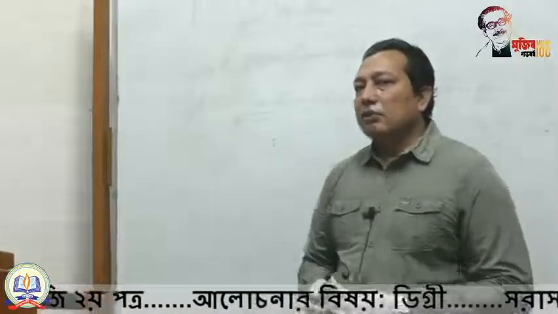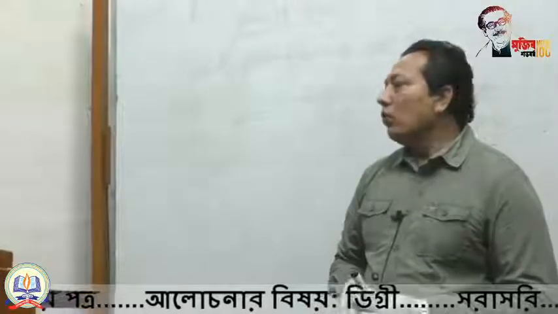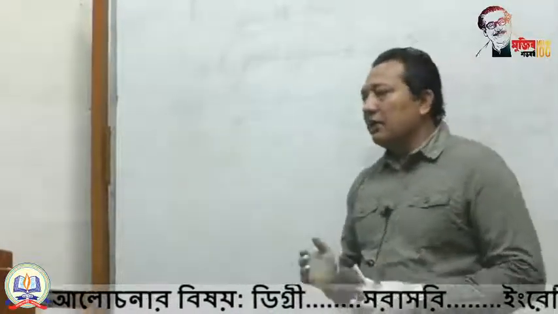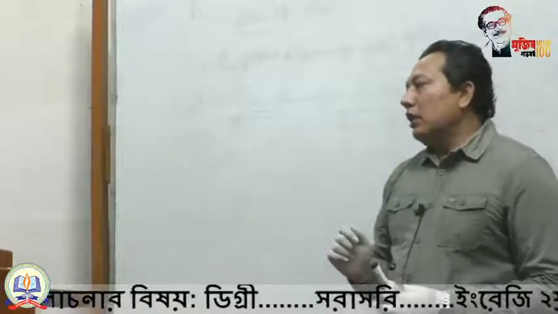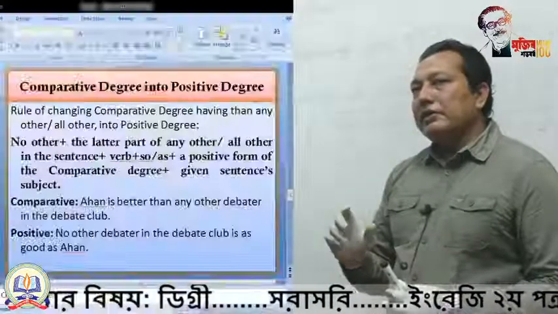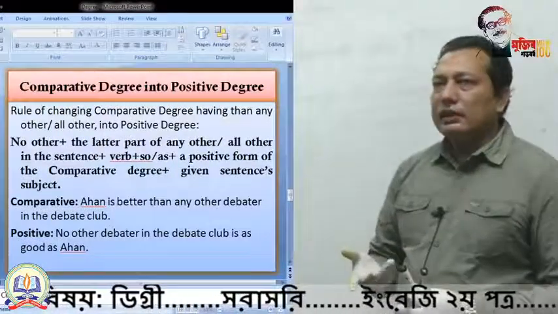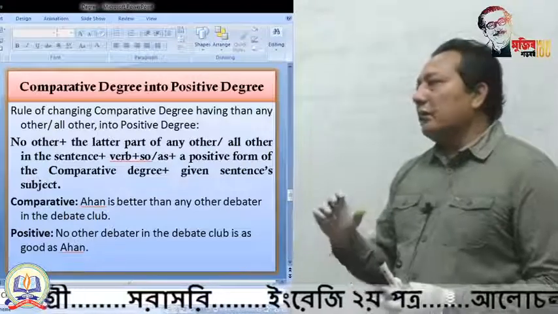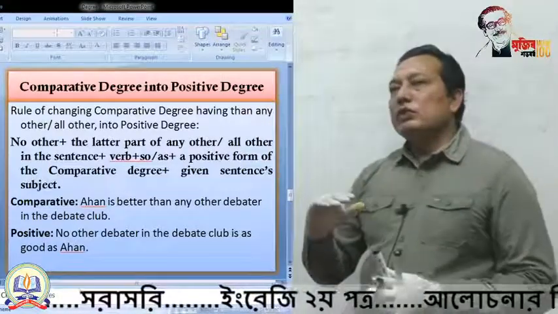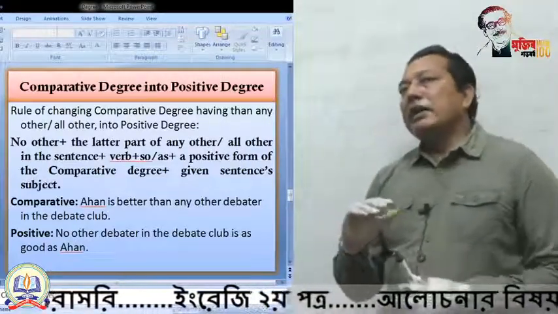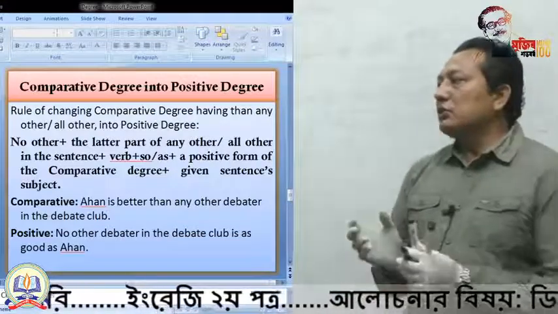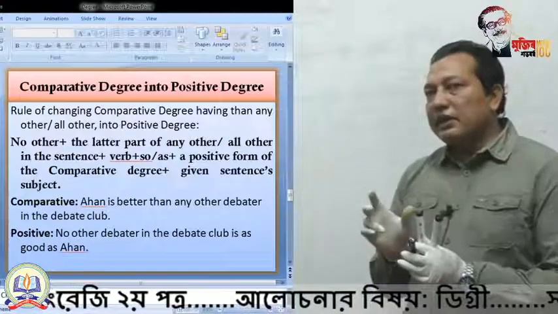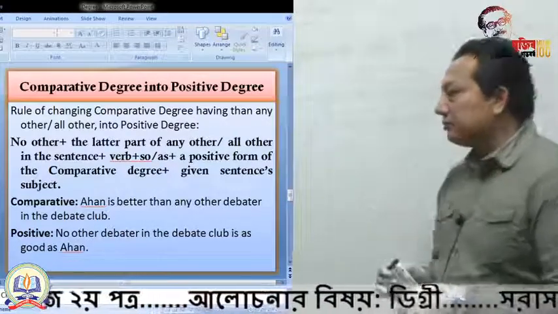Here, for making comparative degree, of course, you have to use "than any other" or "than all other", because in comparative degree we have found "than". But when you make positive degree, of course you have to use "so" or "as ... as". That means positive degree will be in between "as".